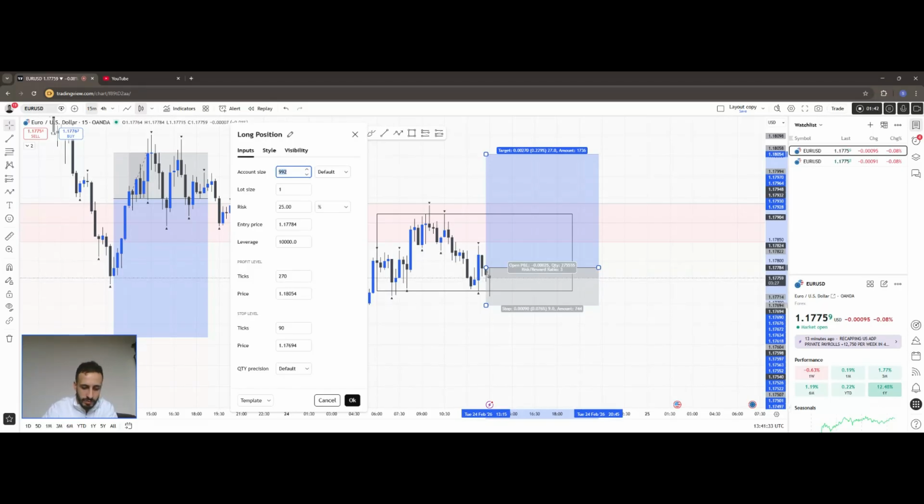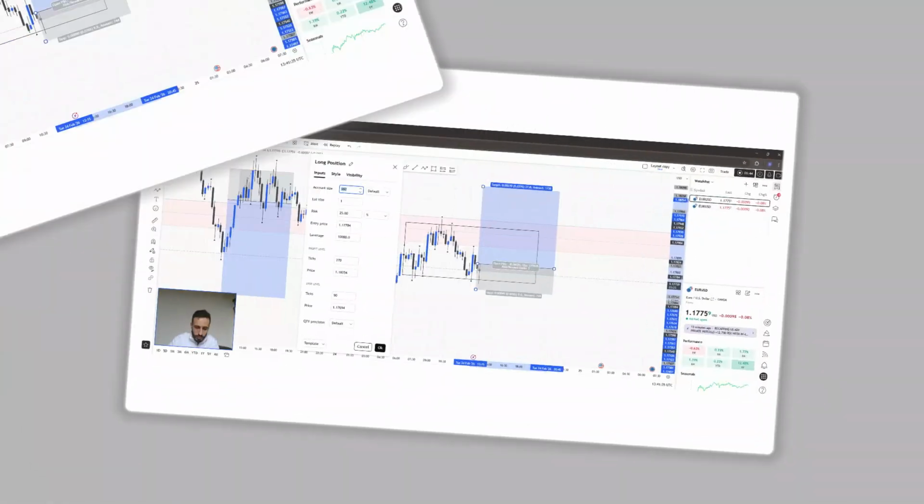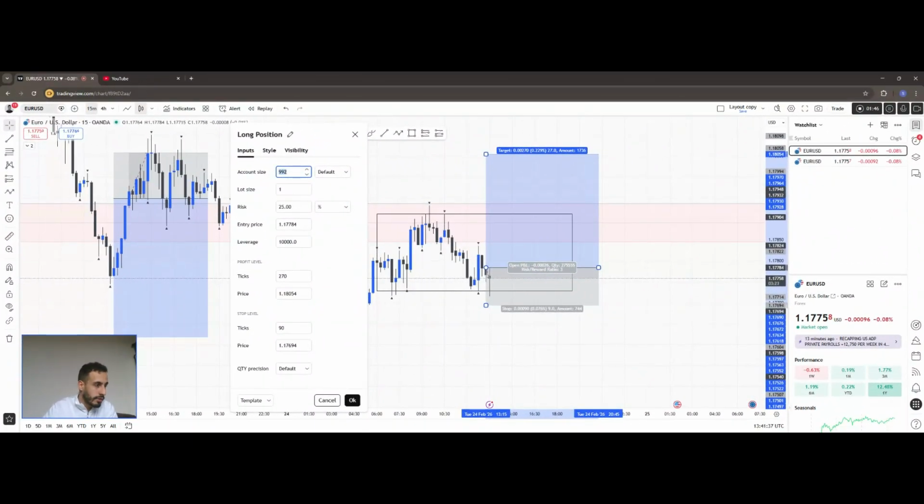So basically buying EU, our entry price is 1.17784, and our stop loss is sitting at 9 pips, and our TP is looking at 27 pips. For that reason, if I'm risking 1% on a 200k account, I need to have a position size of 22.22.